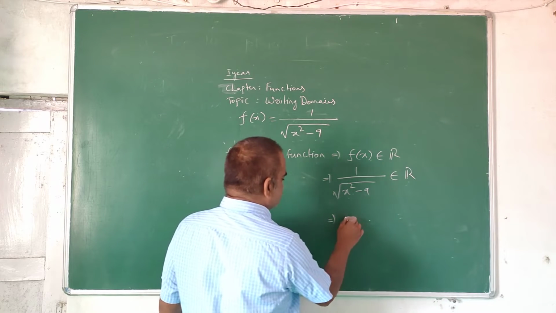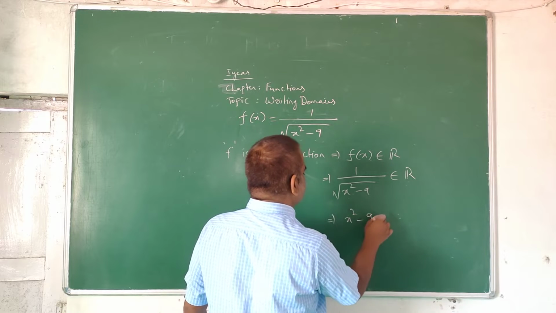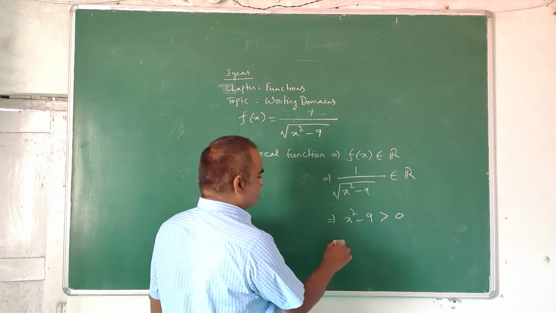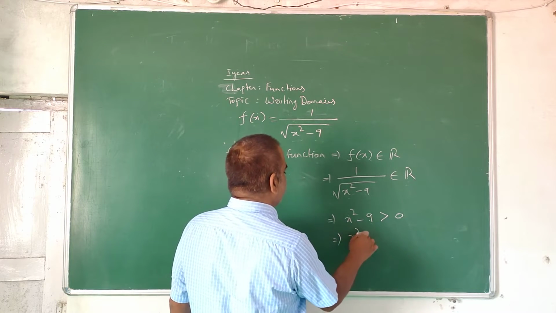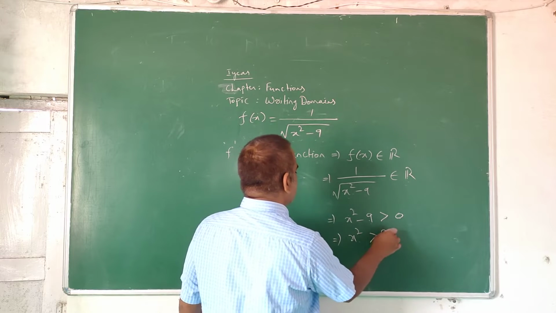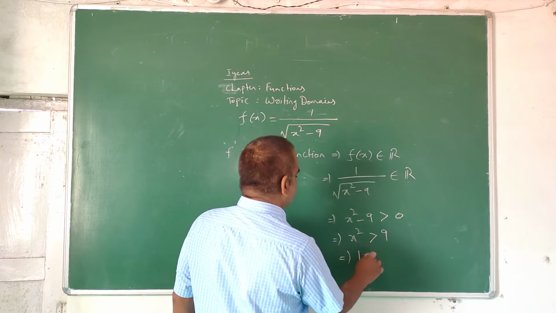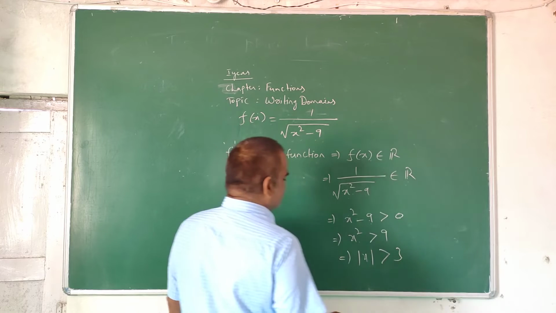So we should see that x square minus 9 is strictly greater than 0. So this implies x square is greater than 9, implies mod x is greater than 3.